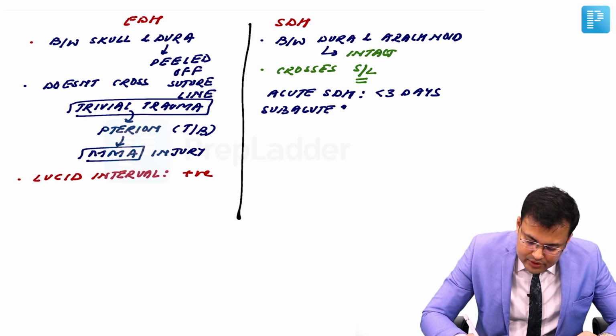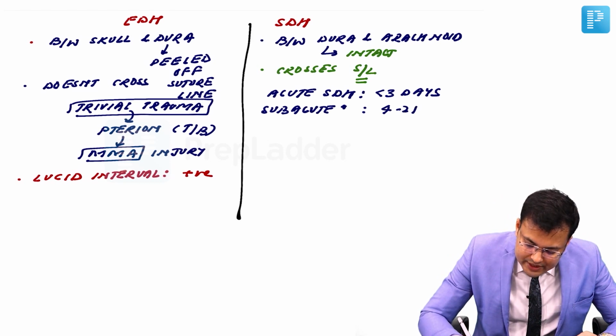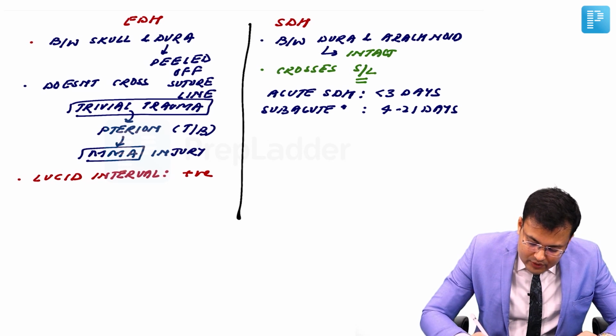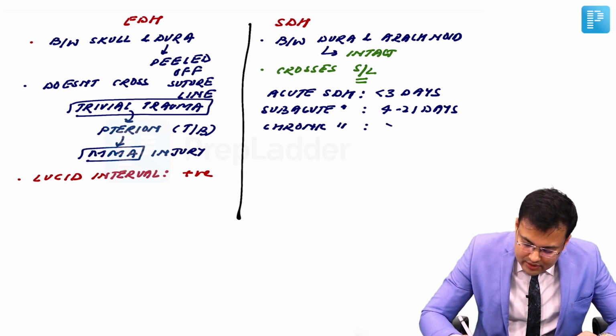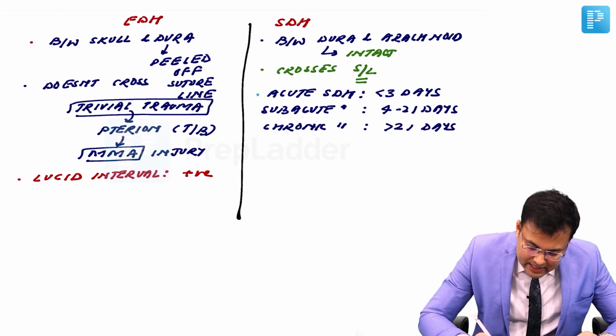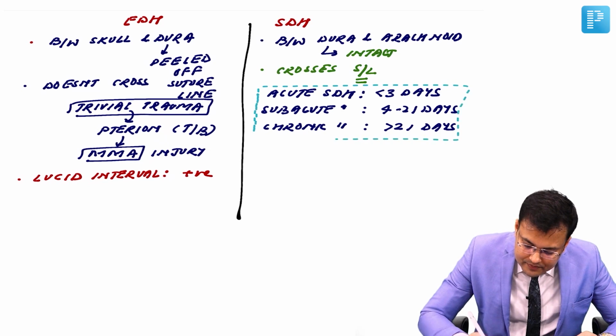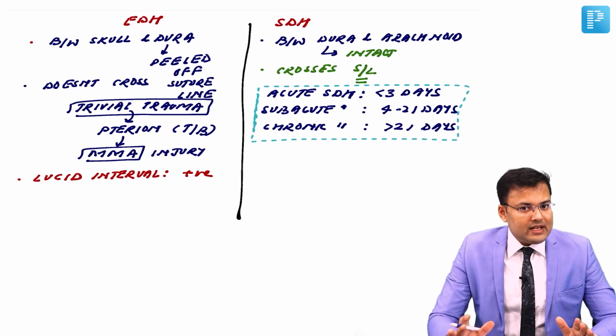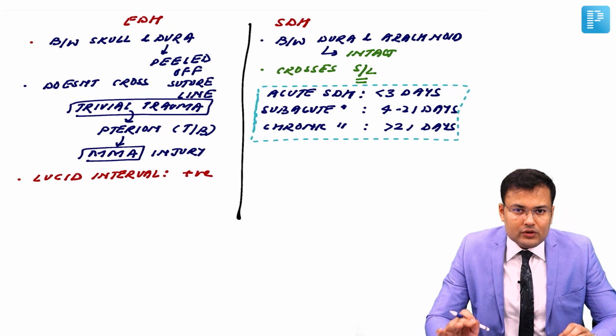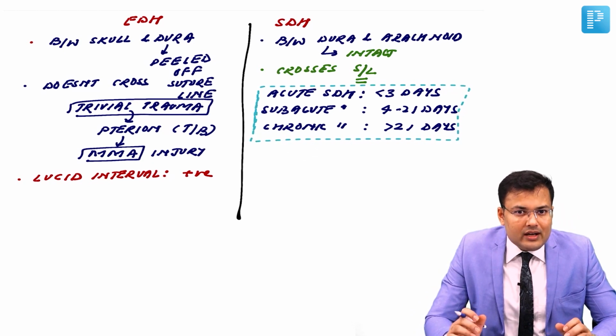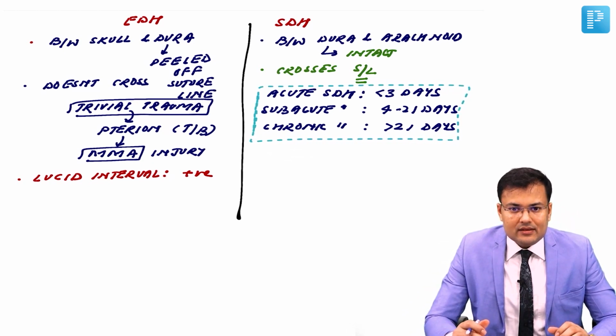Here the duration is 4 to 21 days. And what is chronic STH? This is the question which is asked. Whenever the duration is more than 21 days, and sometimes they ask in weeks. Clear? So chronic STH is when the duration is more than 21 days or more than 3 weeks.